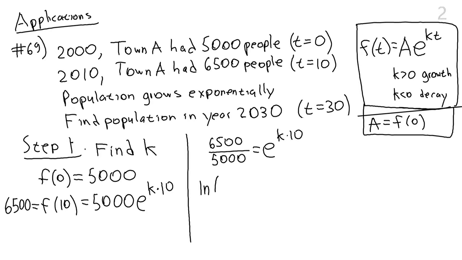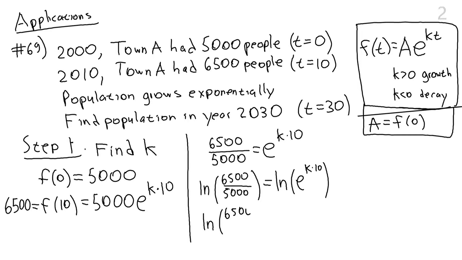This is going to be natural log of 6,500 divided by 5,000 equals natural log of e to the k times 10. Now, using log rules, natural log of e to the k times 10 is just k times 10. So this becomes natural log of 6,500 divided by 5,000 equals k times 10.